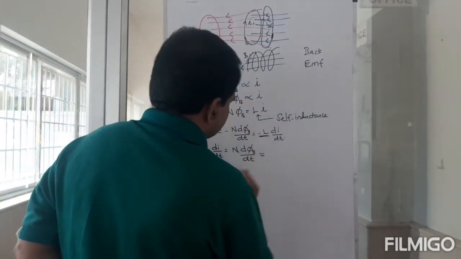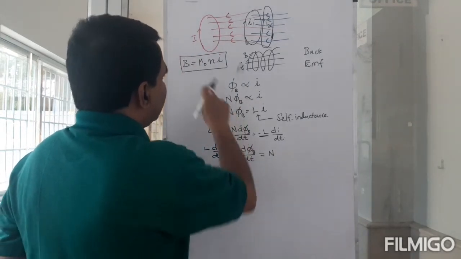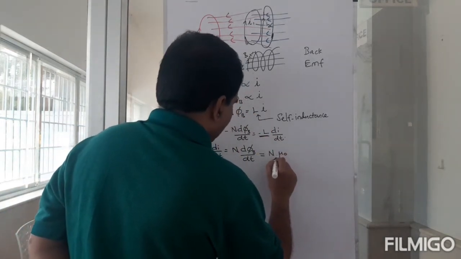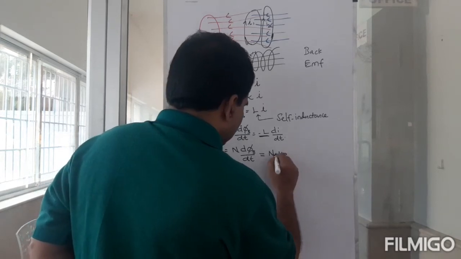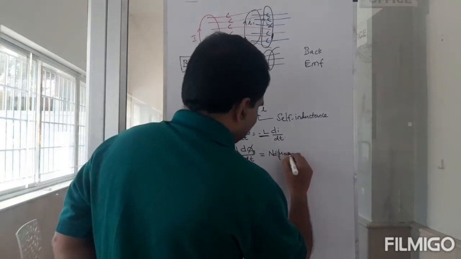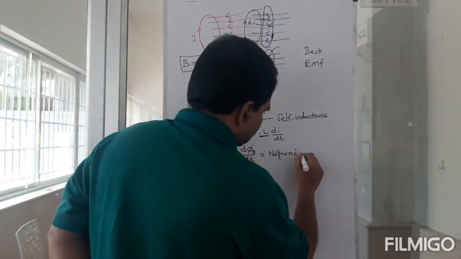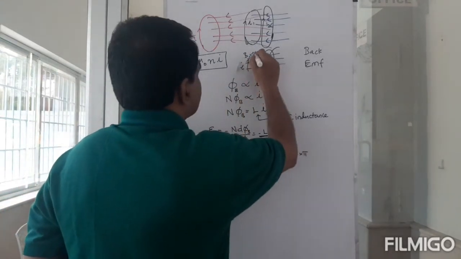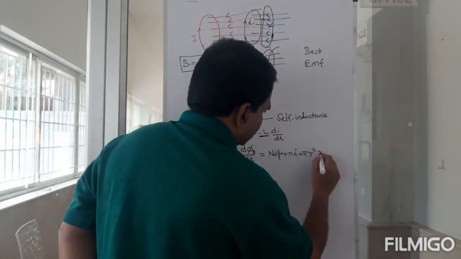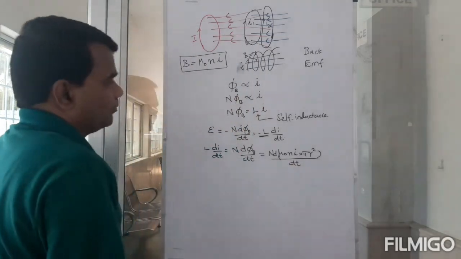So that is going to be equal to N times B times A. B is mu naught n I, and the area is pi R squared, where R is the radius of the coil, all divided by dt.